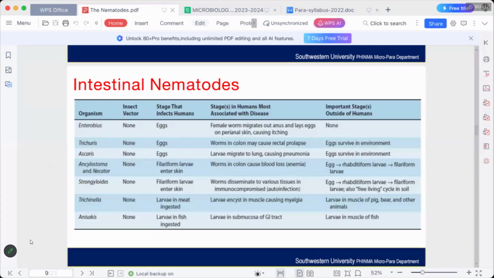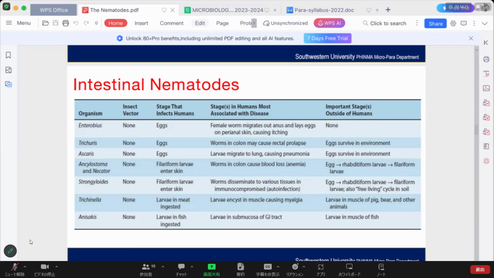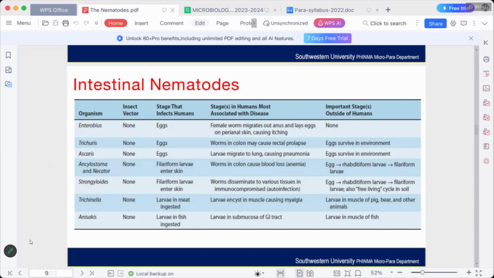So are you ready now to listen? This is the reason why I don't like online, because you will not listen. Just laughing there, making chika-chika, disrespecting your professor.